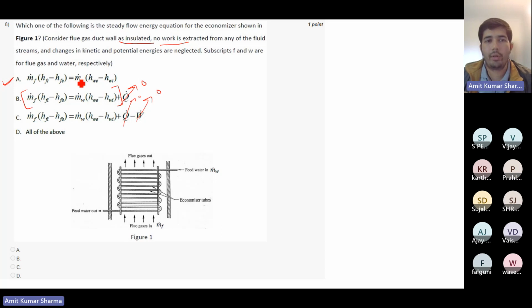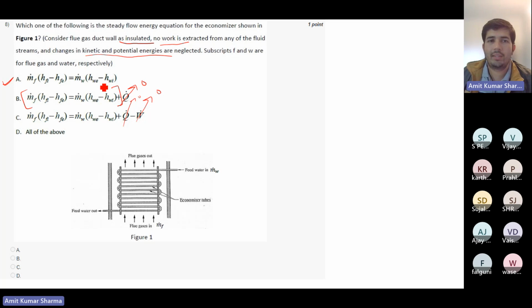There will be no heat interaction. There will be no work interaction because that is already given in the question. The duct wall is well insulated. No work is extracted. And changes in kinetic energy and potential energy are neglected.